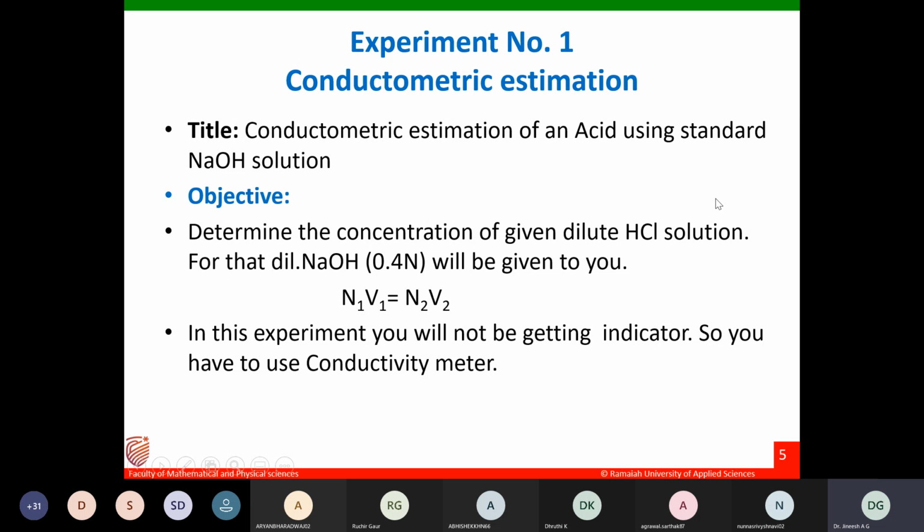Which acid will I provide? I will provide you dilute hydrochloric acid solution. This dilute hydrochloric acid is a strong acid. Strong doesn't mean corrosive in nature. No, strong means if you dissolve that acid in water, it will dissociate completely.